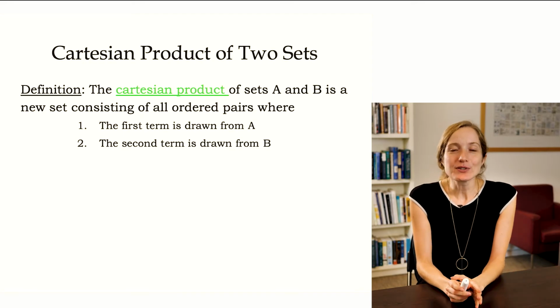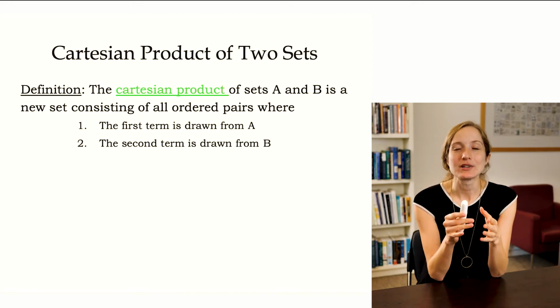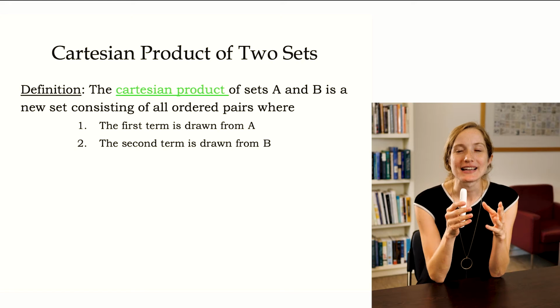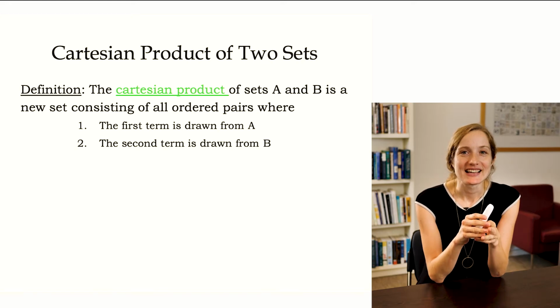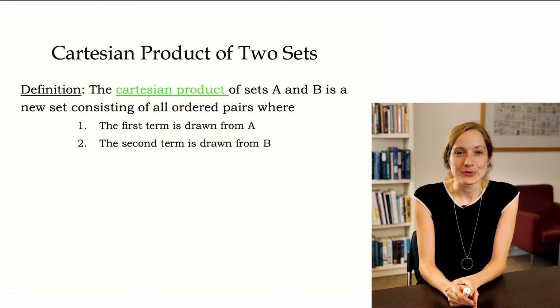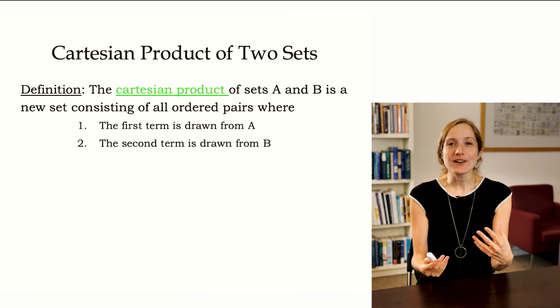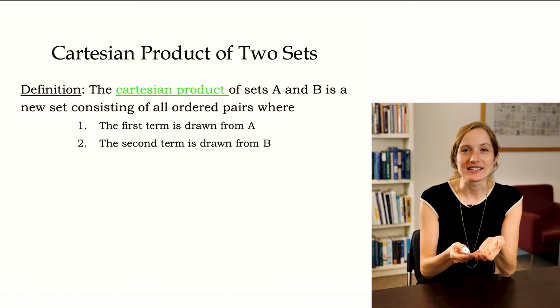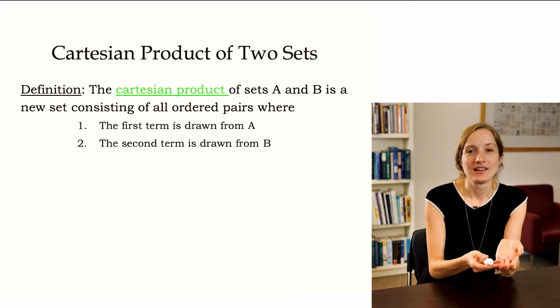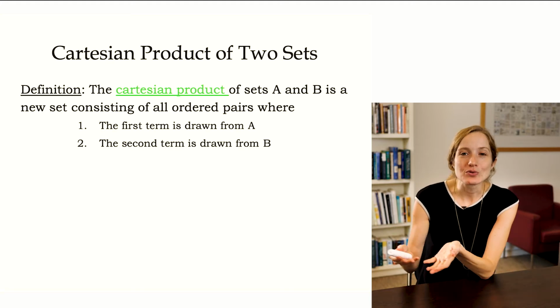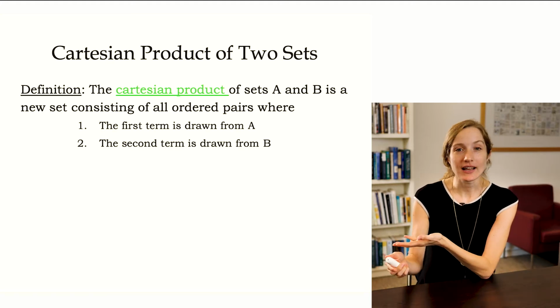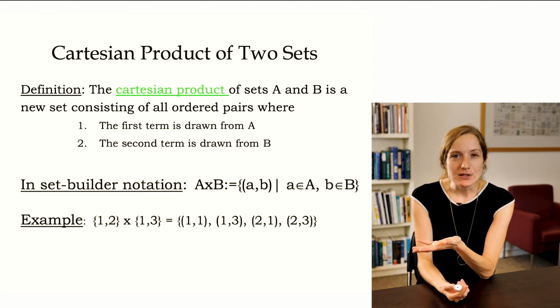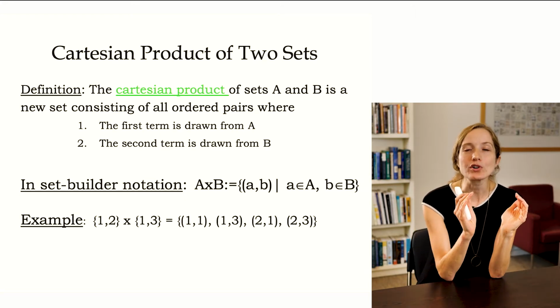So a really useful tool, maybe not so much a tool as a definition, is the Cartesian product of two sets. If I start with a set A and a set B, the Cartesian product of these sets, A cross B, is equal to a new set where the elements are ordered pairs.